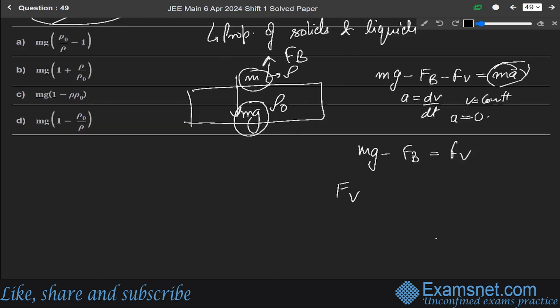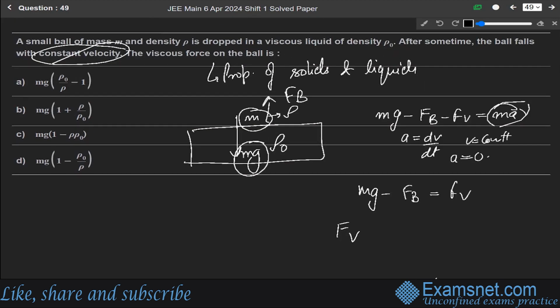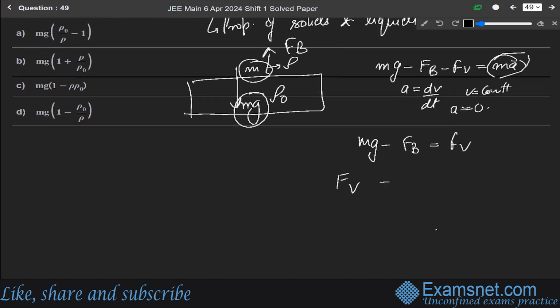So Fv, which means the viscous force, will be equal to mg minus, now this force we can write as V into rho naught into g. So it will be equal to mg minus, in terms of V we can write m over rho, mass over density, into rho naught into g.